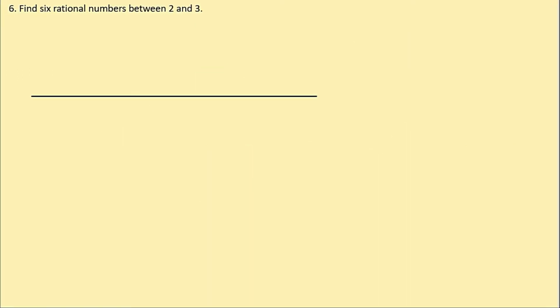The sixth question is find 6 rational numbers between 2 and 3. Okay, so you are to write 0 as here, okay, 2 and 3. So you are to find out 6 rational numbers, that is 1, 2, 3, 4, 5, 6. X1, X2, X3, X4, X5, X6.